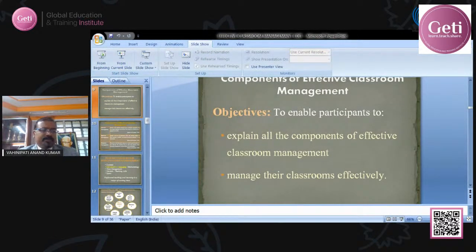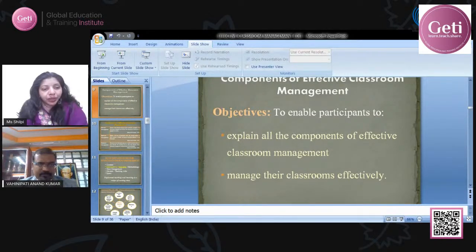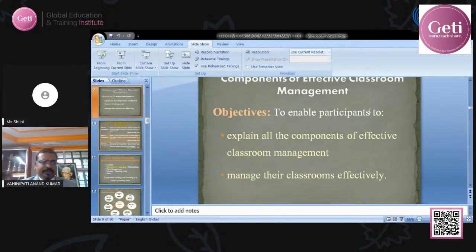Shilpi madam, is the current slide, components of effective classroom management, visible to you? Are the slides moving on the screen? So now the components are visible. Is it okay, ma'am? Yes, sir. Okay, thank you.